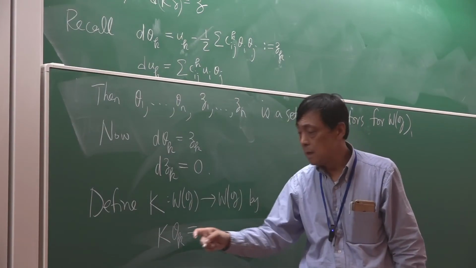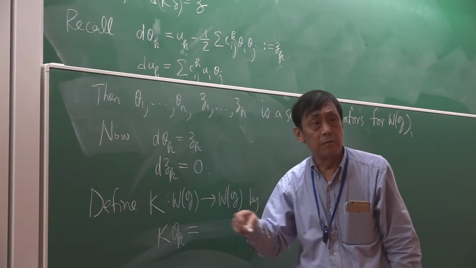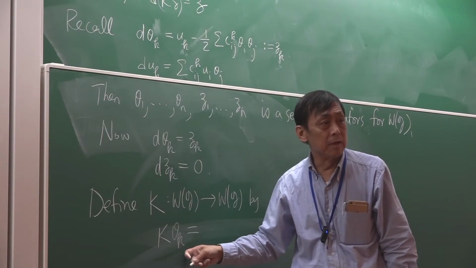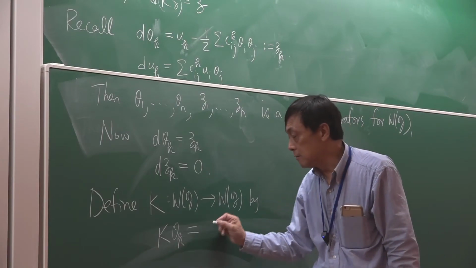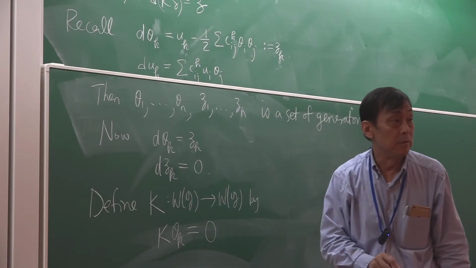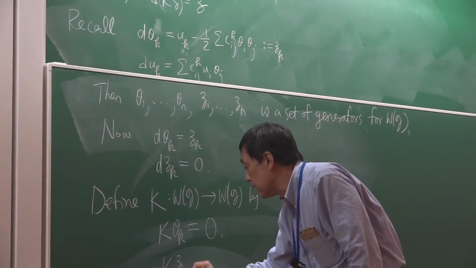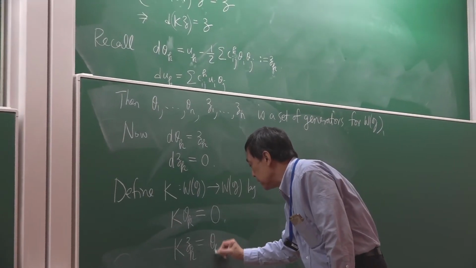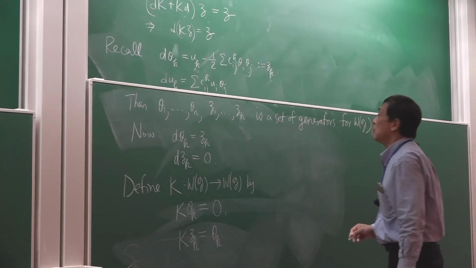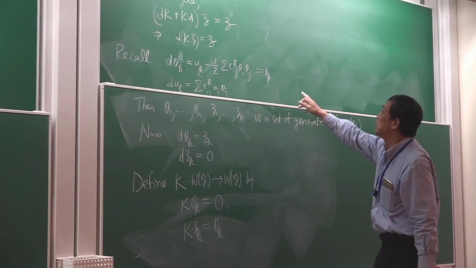Now k lowers the degree, so you should get a constant and just define it to be 0. And then k of zk, define it to be theta k. Okay? So yeah, zk has degree 2, right?